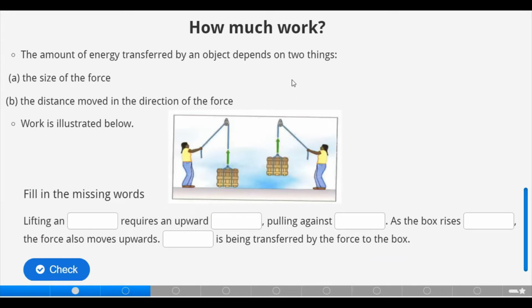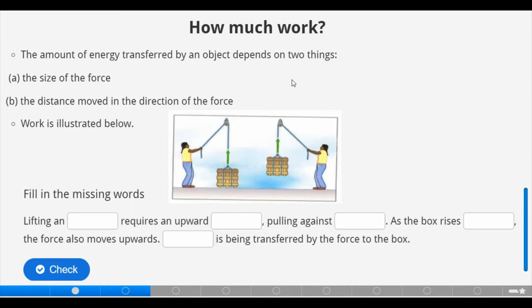How much work? The amount of energy transferred by a force depends on two things. A. The size of the force. B. The distance moved in the direction of the force. What is illustrated below?